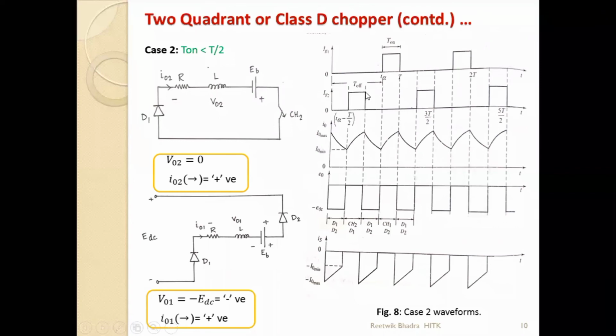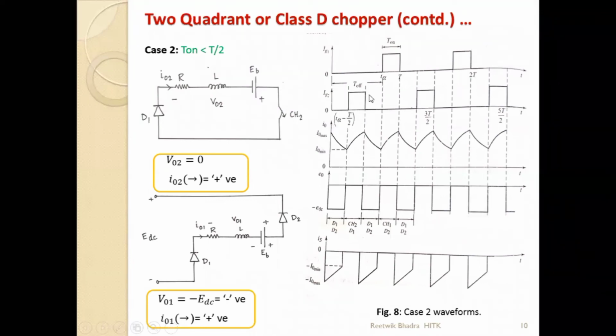What is changing your EB terminals? That means you are changing the armature terminals. I had already told you EB I0 characteristic is nothing but your torque speed characteristics. In order to get opposite direction rotation, you need to change your armature terminals. So I have just changed my armature terminals over here.